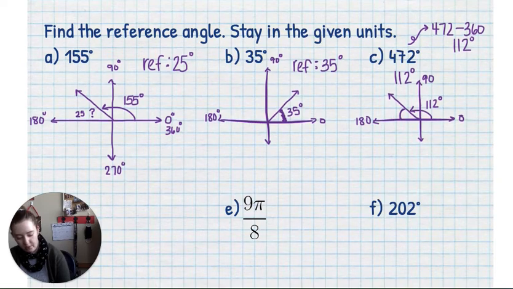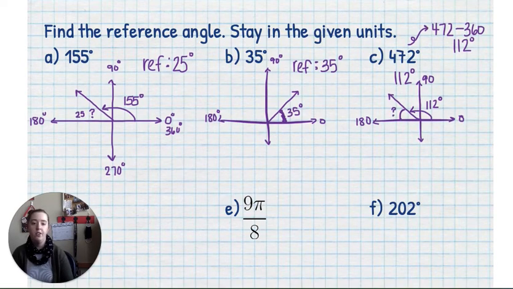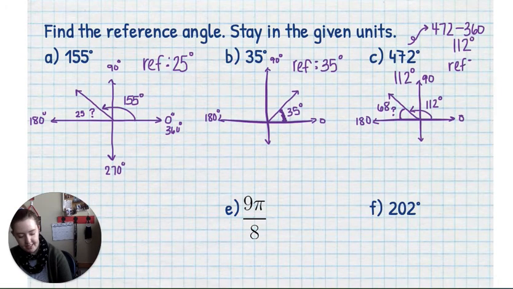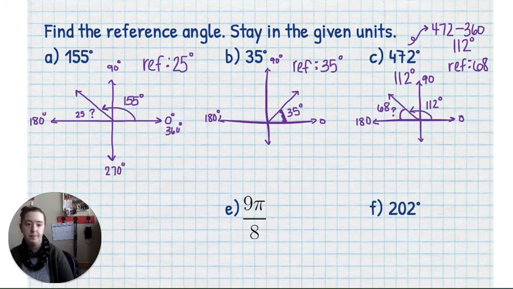How much more for that angle made with my x-axis? Well, if we take 180 minus 112, we're going to end up with 68. So my reference angle is 68 degrees. It's positive, it's acute, it's made with the x-axis.